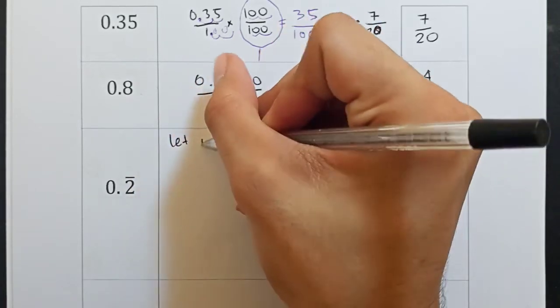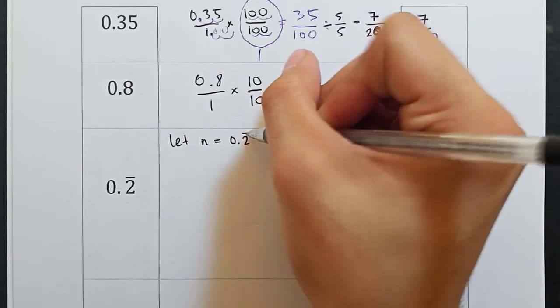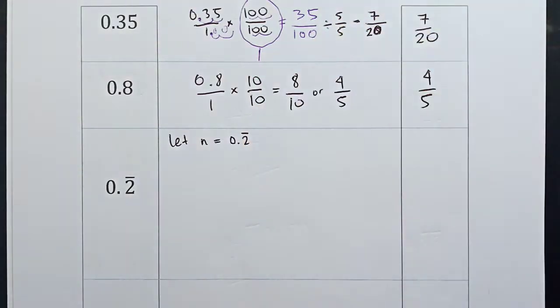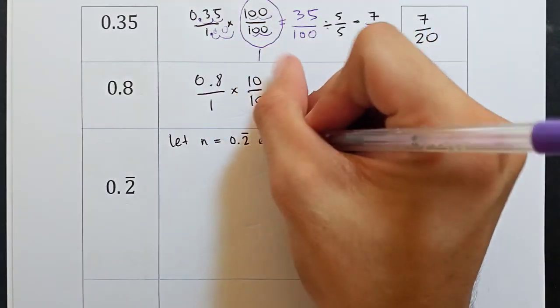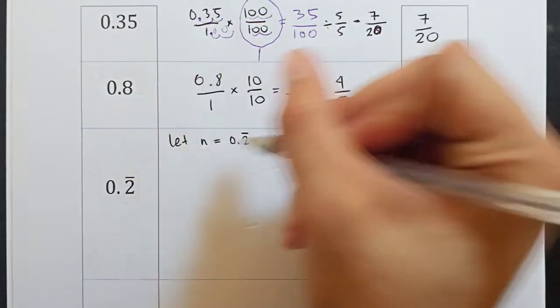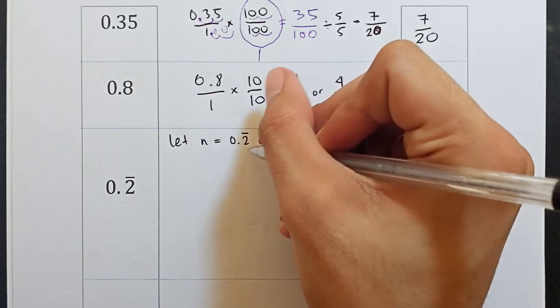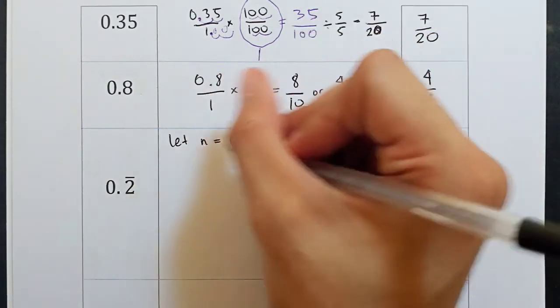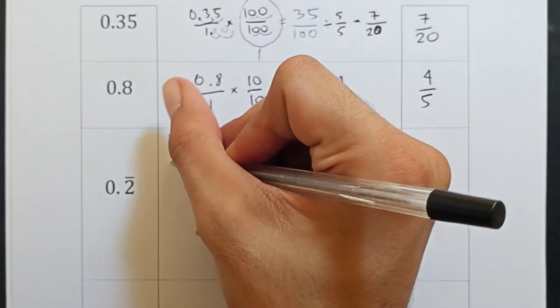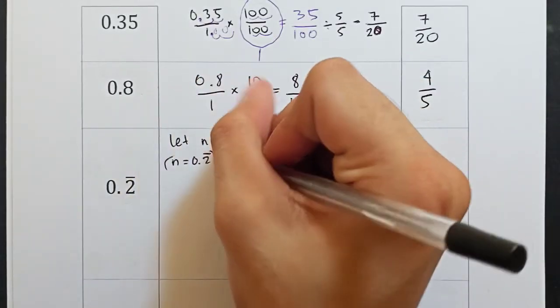Let n equals 0.2 bar. So, ito yung first equation natin. Equation 1. Then, multiply natin yung equation 1 by 10 para malipat tong decimal para maging whole. So, n equals 0.2 bar times 10.